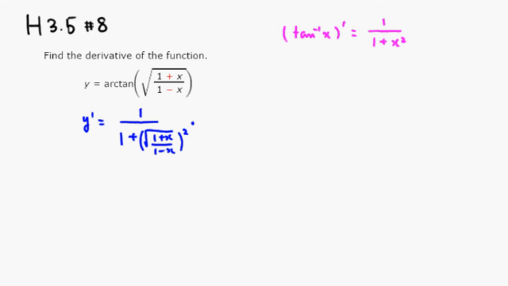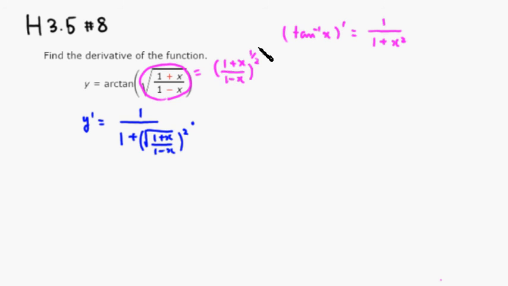I don't like the square root, so I'm going to rewrite this guy as (1 plus x over 1 minus x) to the 1/2 power.